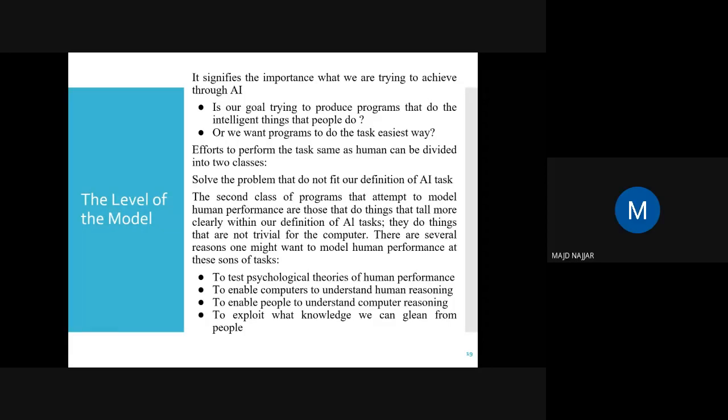So this is the category from the second one, that you say the program does the task in the easiest way, isn't it? Task in the easiest way, I mean the self-driving cars. No, no. Task in the easiest way means what? You will write some if-else rules, or you will have your own rules. And normally humans don't think in that way, but you can write an algorithm, something like that.